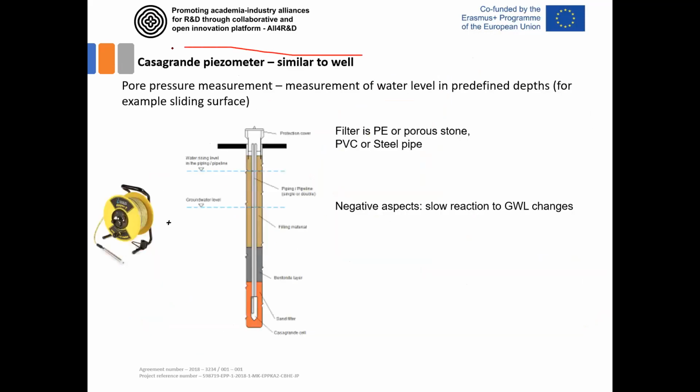That's why what we usually use in practice is the so-called Casagrande piezometer construction. It's similar to this observation well, but the main difference is here. Up above this filter part, there is a steel or plastic pipe that is perforated, or it has a filter stone at the bottom that enables the water to get inside this pipe, and all around it we have sand material.